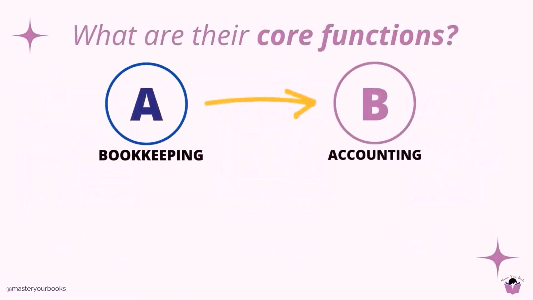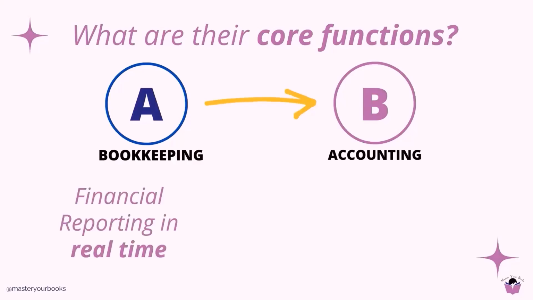Now, what's really important to realize before we go any further is that each one of these areas has a core function. When it comes to bookkeeping, the core function is financial reporting in real time. Remember, we are doing this service now as accounting partners in real time. So bookkeeping needs to be done in real time, so financial decisions and reporting can be provided in real time.